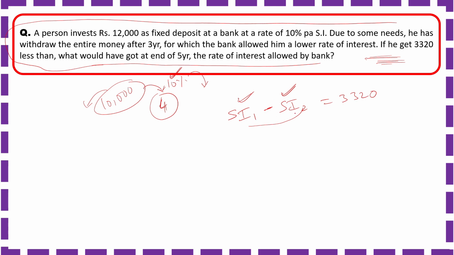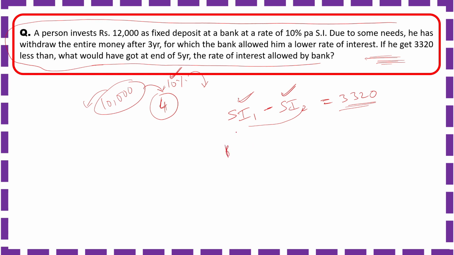The difference of these is 3,320. If he had deposited for 5 years, he would have got this one. He didn't deposit for 5 years, he withdrew after the 3rd year. That's the reason why he got 3,320 rupees less interest. Okay, so we framed this.